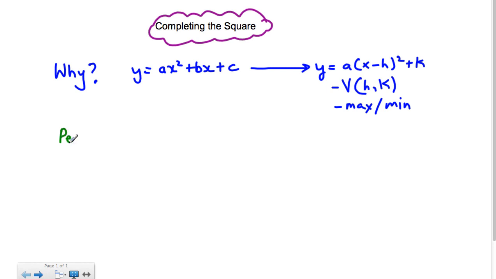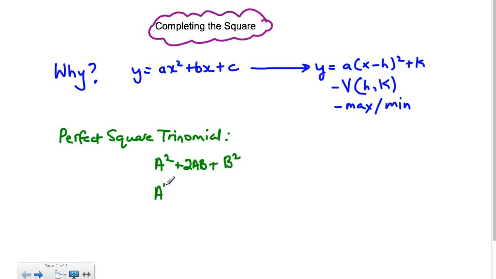A perfect square trinomial is one that's in the form of a perfect square at the start, a perfect square at the end, and the middle term is the square root of the first times the square root of the last doubled, so 2ab. Or it can be a perfect square at the start, a perfect square at the end, and minus 2ab.